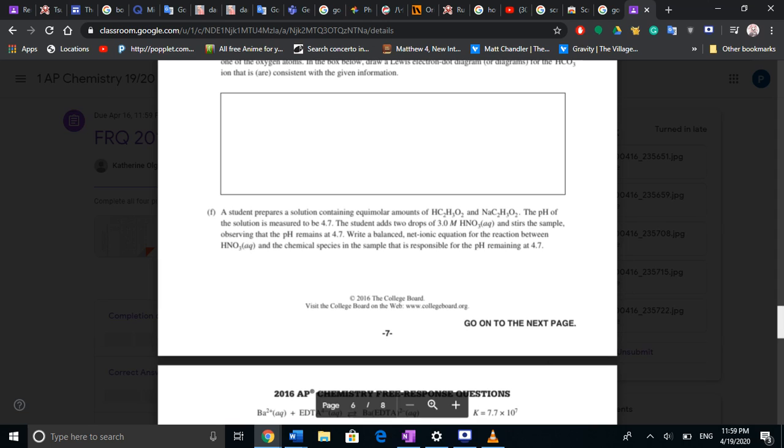The pH remains at 4.7. We need to write a balanced net ionic equation for the reaction between HNO3 and the chemical species in the sample that is responsible for the pH remaining.